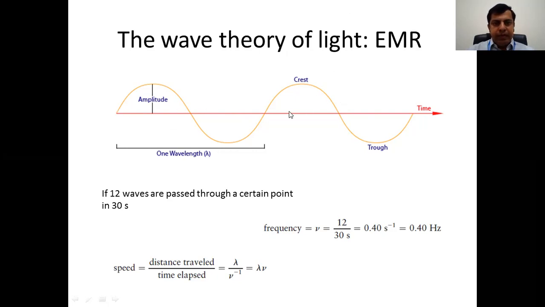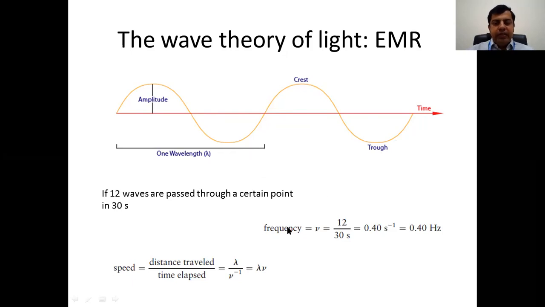The distance between these two nodes is called the wavelength. This is one wavelength, and it may vary. Sometimes we have a smaller wavelength, sometimes a larger wavelength like here. The upper side is called the crest and the lower side is called the trough. We call it positive, minus.